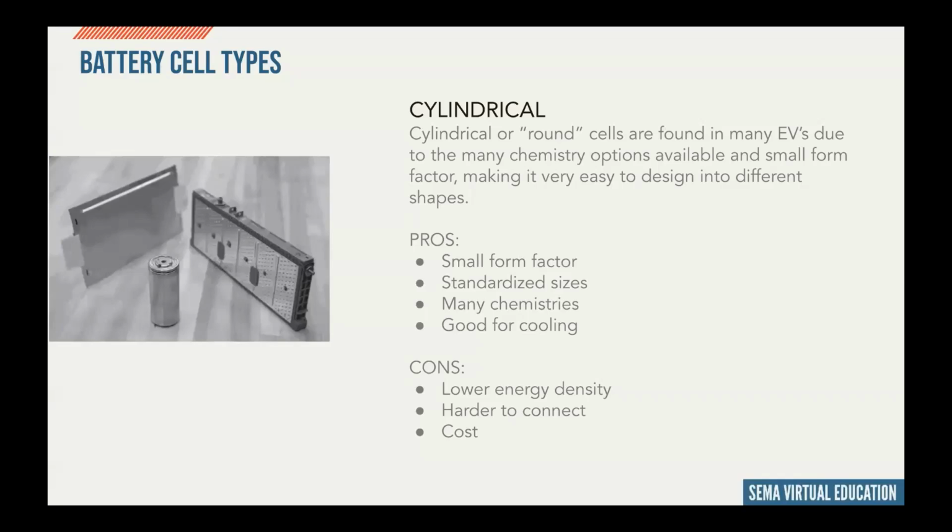The third con to cylindrical is their cost. Because each cell is small and has its own metal casing, they tend to be more expensive. They have lower amp hour capacities, and so you need many more cells in a pack to equal the same total capacity.